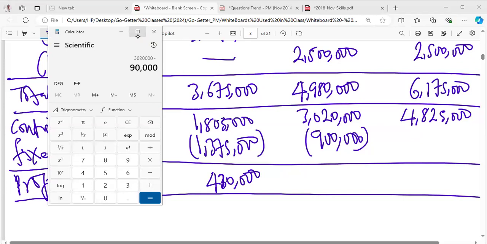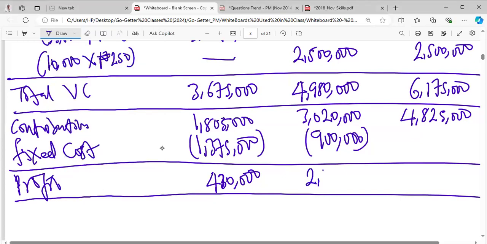Now you check, previously the profit was 2,500,000, but now it's going to be something smaller. Sorry, I didn't do this well. 3,020,000 minus 900,000 is 2,120,000 as against 2,500,000. So this is 2,120,000.